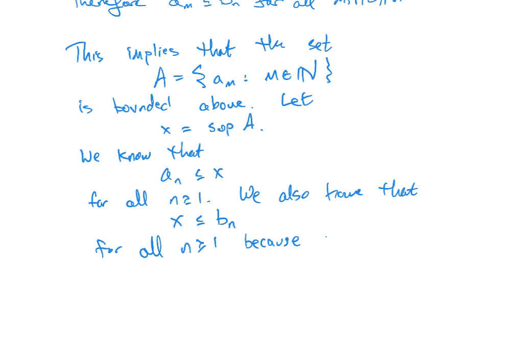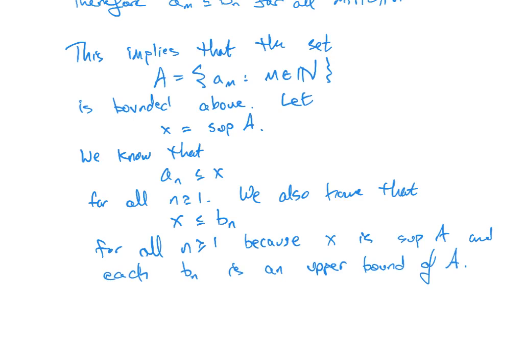Because X is sup A, and each Bn is an upper bound of A. What have we shown?